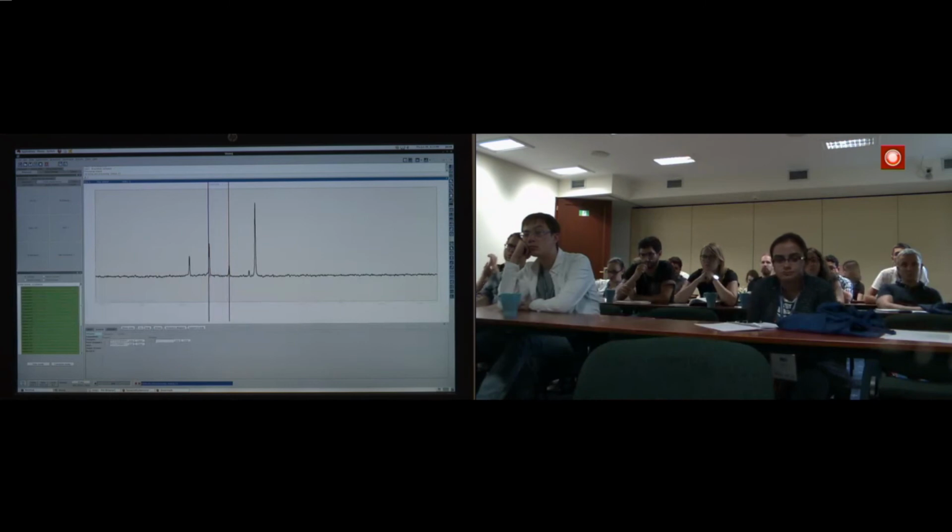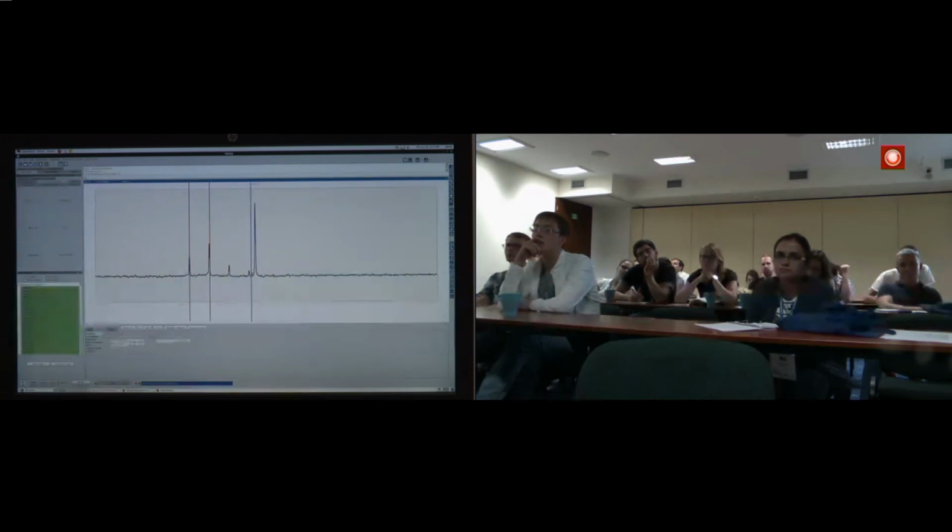So the distance over here is now 5 kilohertz, because our sample spins with a frequency of 5 kilohertz. And as you can see, the distance between the first order rotational sideband and the second order rotational sideband is exactly 5 kilohertz as well. And on the left hand side, it's the same story.